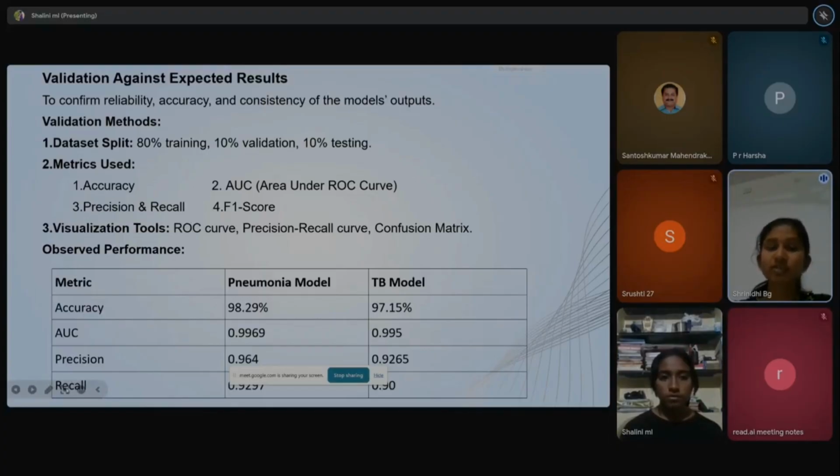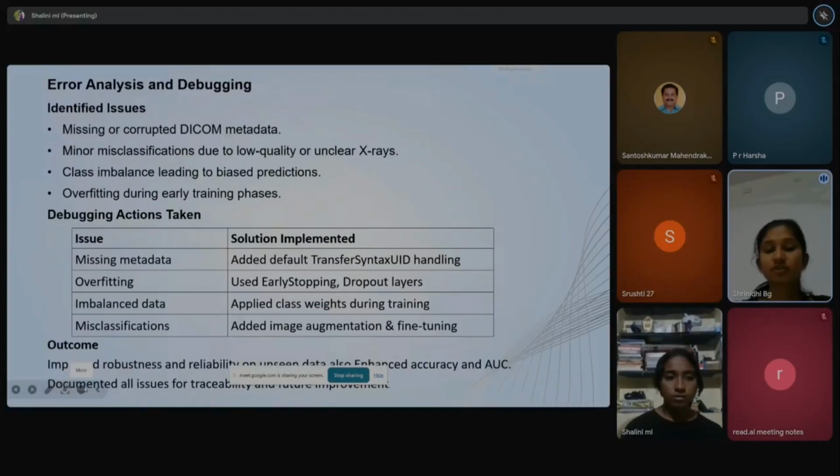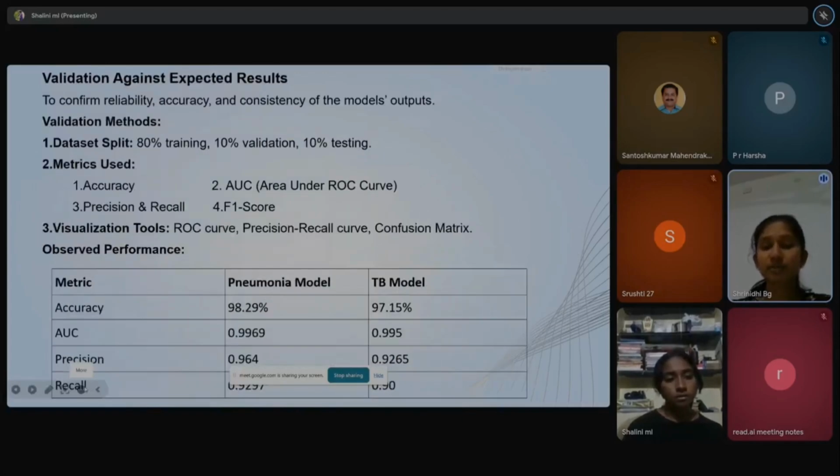F1 score is the harmonic mean of precision and recall: F1 equals 2 times precision times recall divided by precision plus recall. Next, the visualization tools: ROC curve, precision-recall curve, confusion matrix, and here is the observed performance.